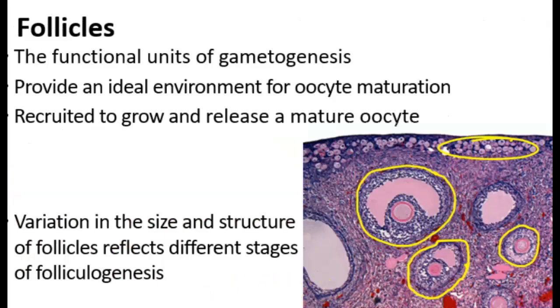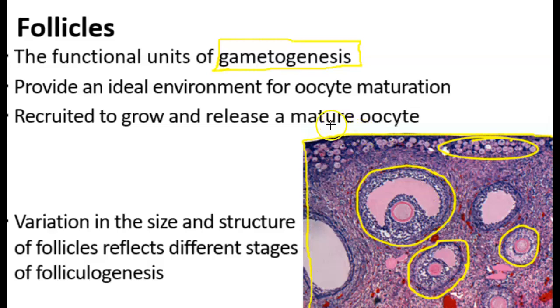All right, let's talk about follicles first, because they really are the functional units of gametogenesis, which is our topic to begin with. I've got many of these follicles circled in this histological picture of an ovary.